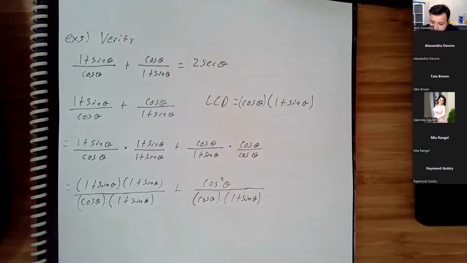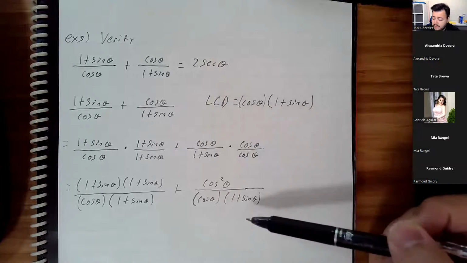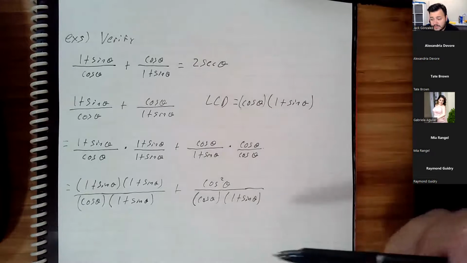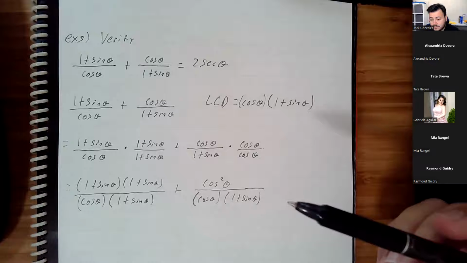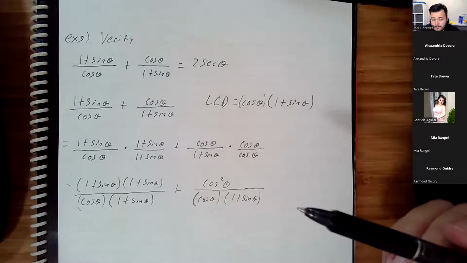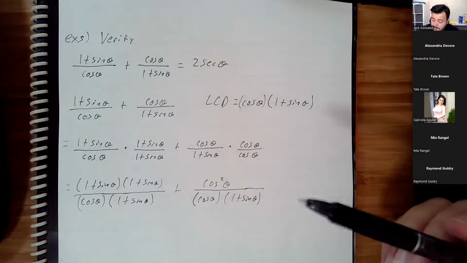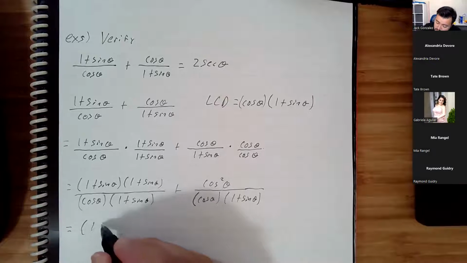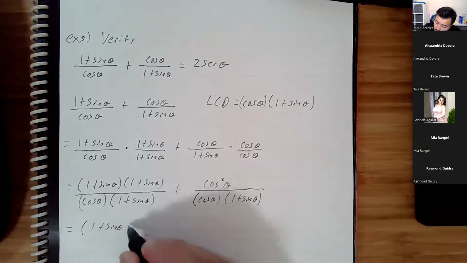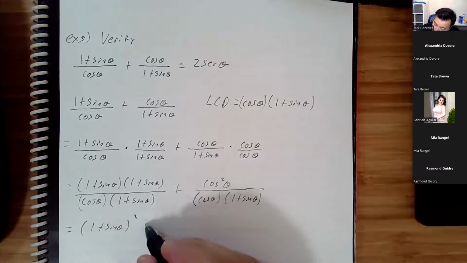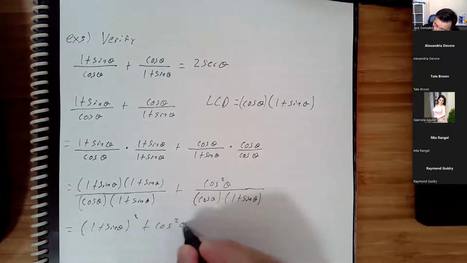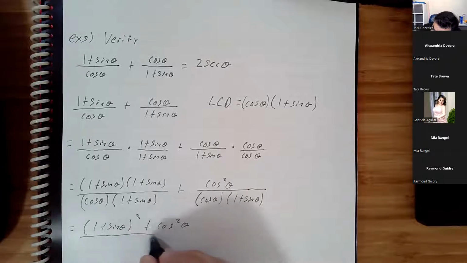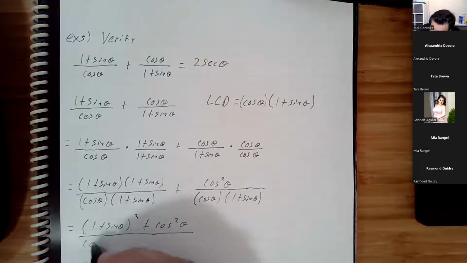Okay. All right, so you guys still with me, right? All we did was introduce the LCD and got ready to add the fractions. One plus sine times 1 plus sine, 1 plus sine squared. Add the numerators. Denominators will stay the same because we have the LCD.